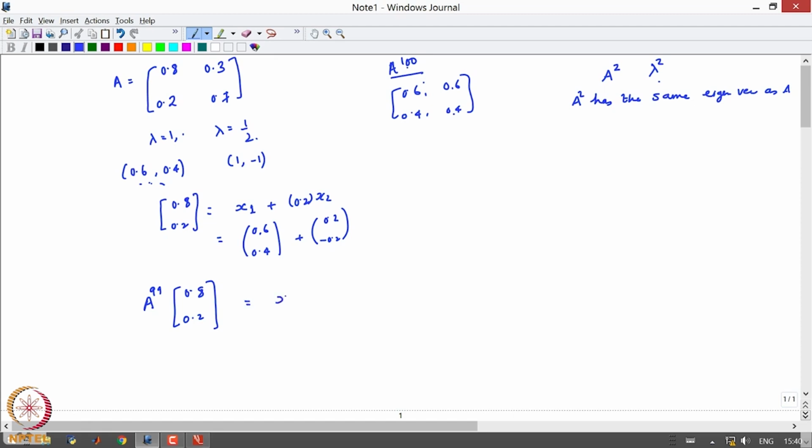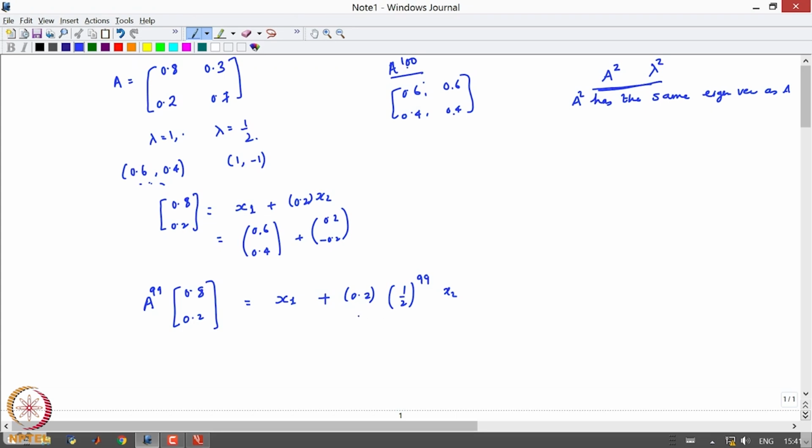This will still be x1, because lambda 1 to the power 99 will still be 1, plus (0.2) times lambda 2 to the power 99 times x2. Again, you can just rewrite these things and it will show up here.